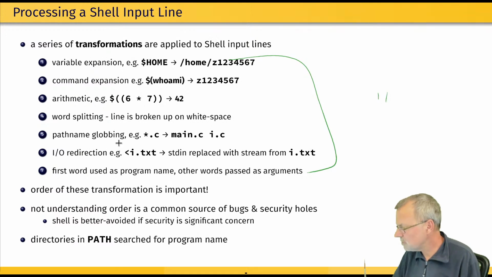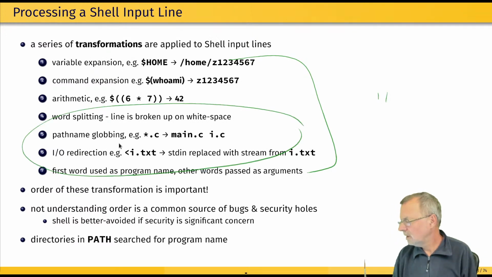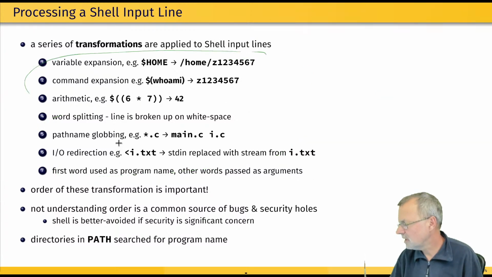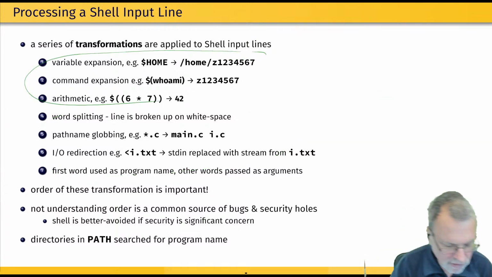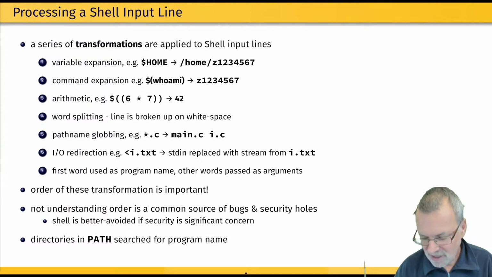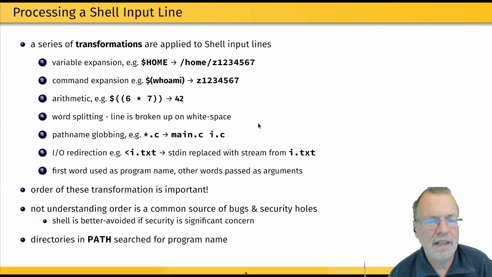If I put double quotes around it, the first three things happen. That has to be in the mind of every shell programmer. We will show you a program called Shell Check that checks your shell programs for this, but it's a bit early for that.